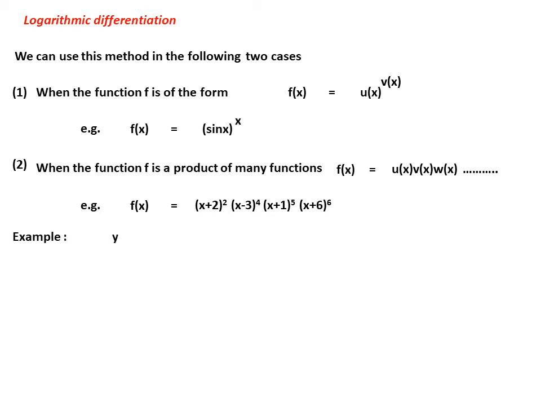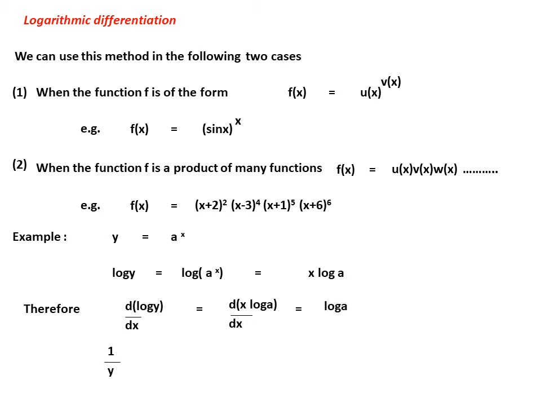Let us take y equal to a power x. So log y equal to, we have done this one already. Since it is of the form u x to the power v x, I am taking this as x log a. Therefore, d by dx of log y will be equal to d by dx of x log a.